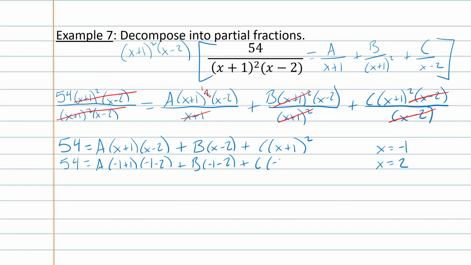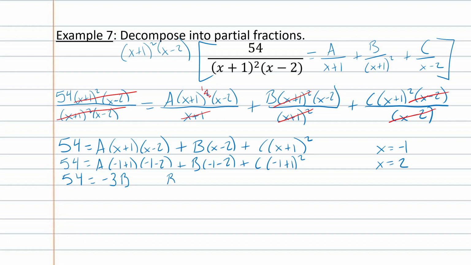Plus c times negative 1 plus 1 all squared. Which means that the a term cancels out because negative 1 plus 1 equals 0. We might wind up multiplying that whole first term by 0, so it zeroes out. The c term goes away as well. Negative 1 plus 1 is 0, 0 squared is 0, times c is 0. So the only term that really sticks around is the b term. Here I have negative 3b, because negative 1 minus 2 is negative 3.